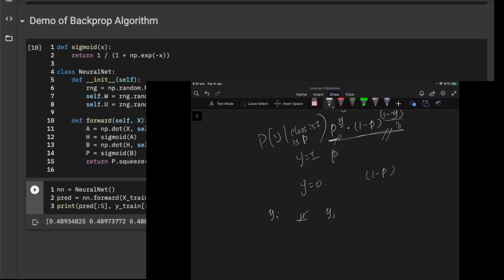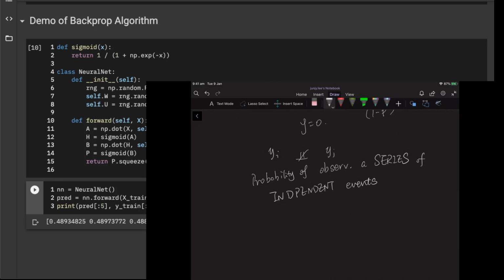So if we consider the probability of observing a series of independent events, those are: observing y1, given that the class of sample 1 is 1, this event has the probability of the predicted value p1.